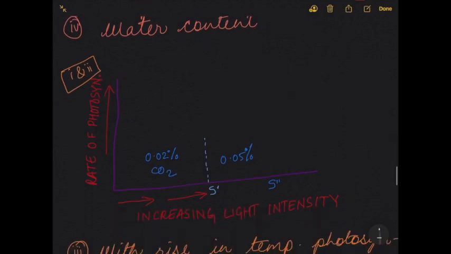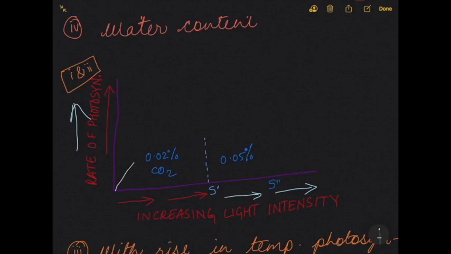Now just look at this graph that I have made. This side there is increasing light intensity, and this is increasing rate of photosynthesis. Now what happens is, when the light intensity increases, the rate of photosynthesis also increases.